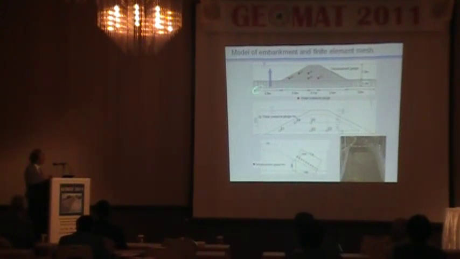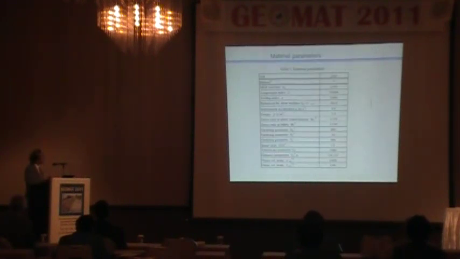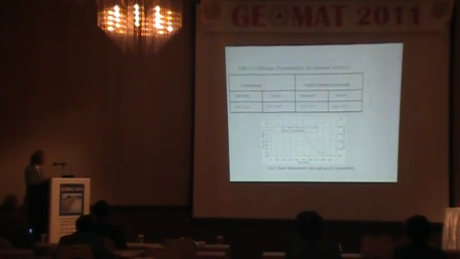This is the numerical finite element mesh, and these are the material parameters for the soil. In addition, we assumed a smaller value of permeability for the surface of the embankment, because usually we always overcompact the surface of the embankment.